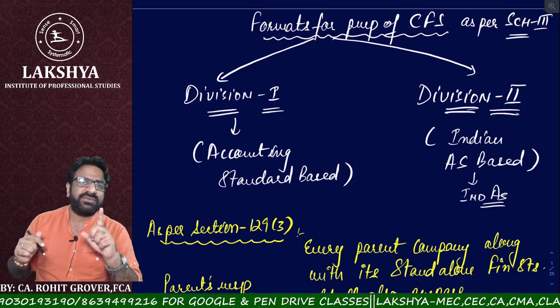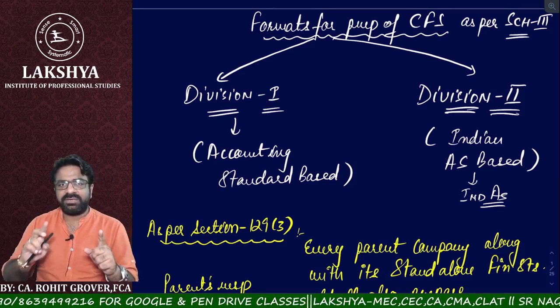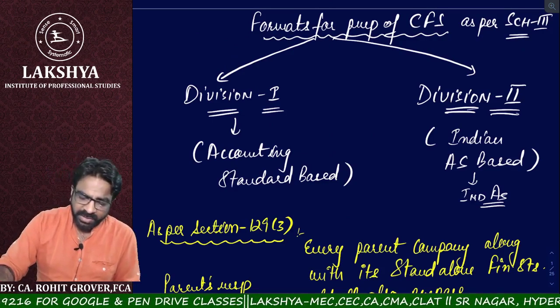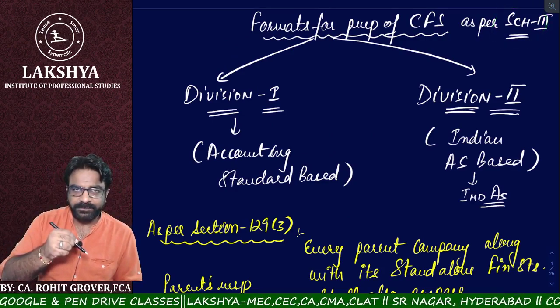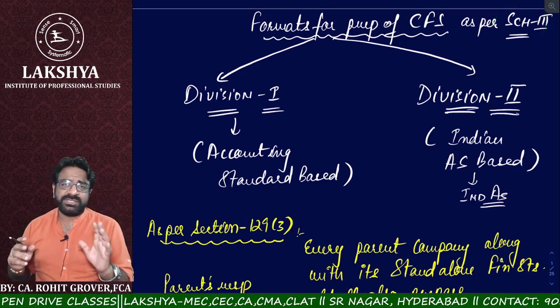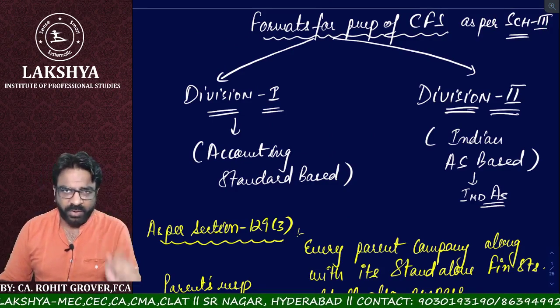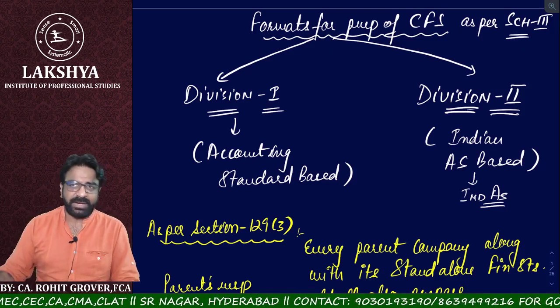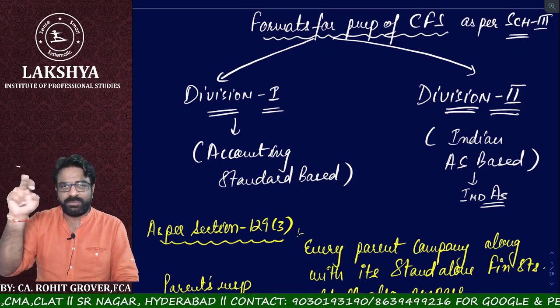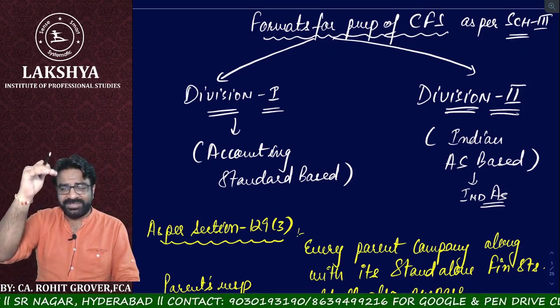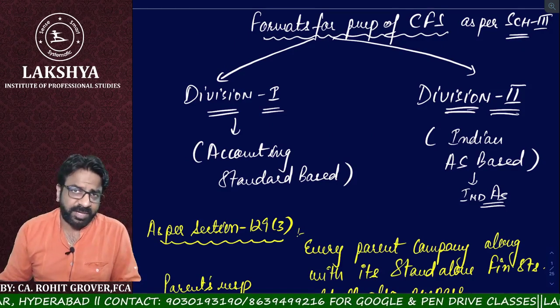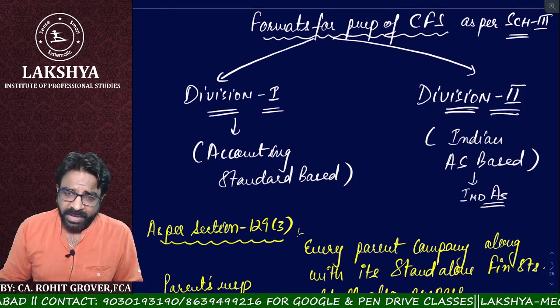But whether it is division 1 consolidation or division 2 consolidation, both are covered under schedule 3 only. See, the format of financial statements is given under schedule 3, that we all agree. Format of financial statement, like whether it should be in tabular form or in T form, now it is in the vertical form. All that format has been given under schedule 3. Are you getting the point?